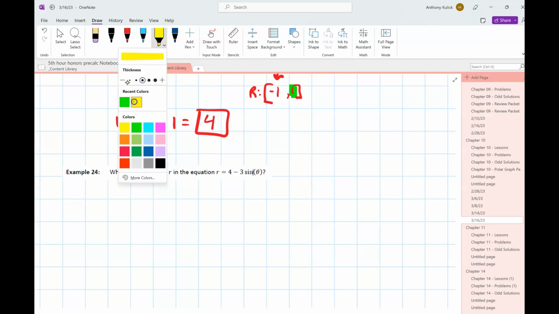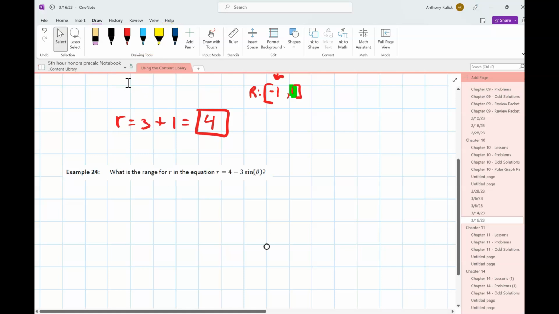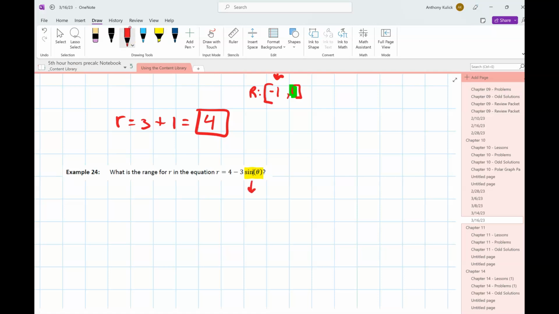So again, which part of r is the variable part? The sine theta, right? So we're going to be concerned with the outputs for sine theta. Those outputs would be the range for sine theta, -1 to 1, just like cosine.